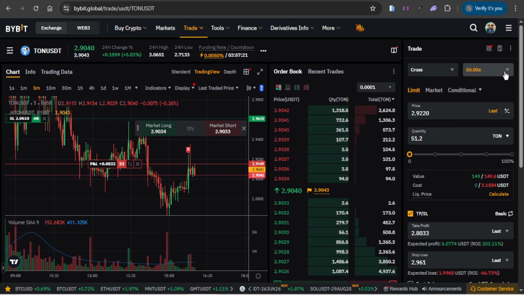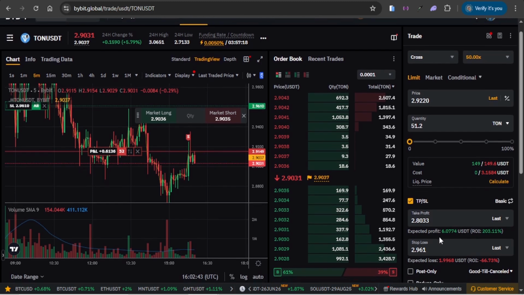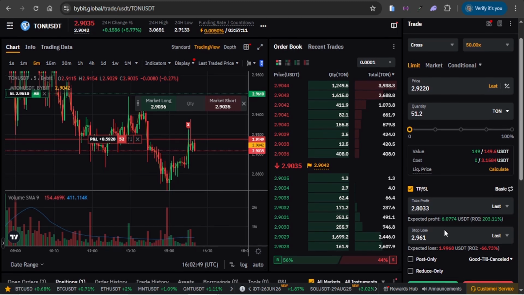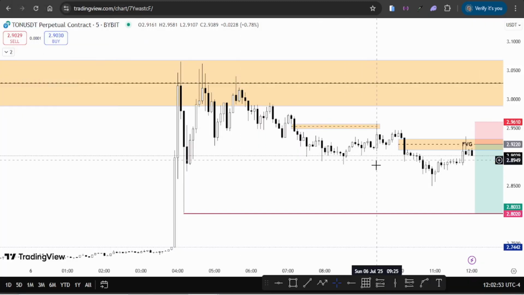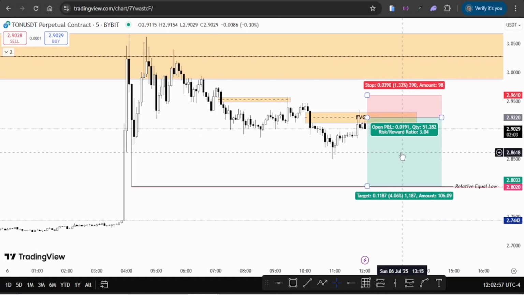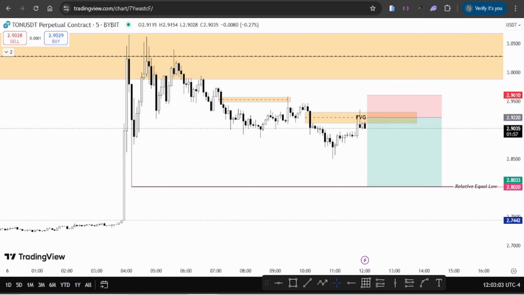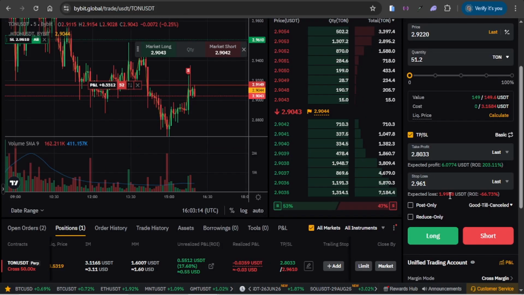Once you have maxed it out, you see that the expected profit is 6.0774, which is about 3 RR that we have on our short position tool. You see, the risk reward ratio is 3.04. This is our expected loss, 1.9968. So I will sell short.